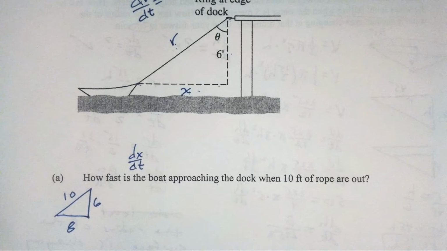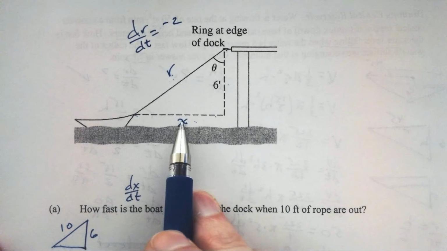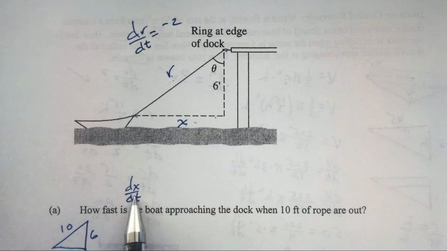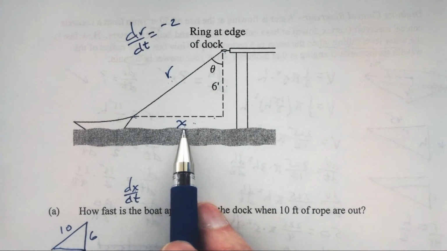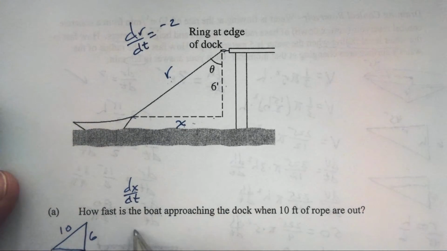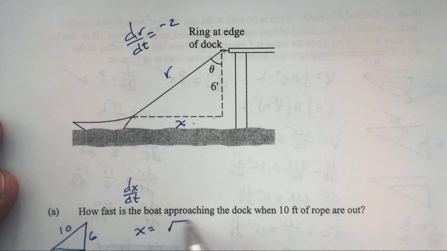But I need an equation with x in it, because I want dx/dt. I'd love more than anything else to have an equation that just said x equals. So I'm going to go x equals the square root of r squared plus 36.